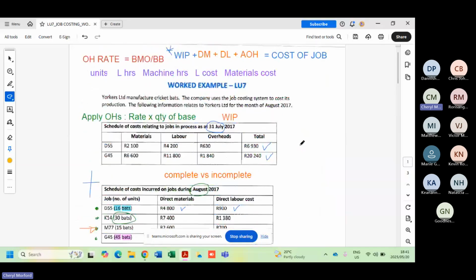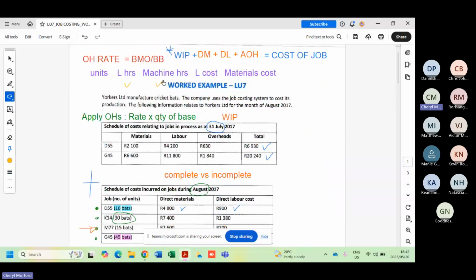I want you just to do a practice on how to work out the rate based on all of the different bases. So if it's the units of output, or the labor hours, focus on the labor hours, or if it's machine hours. What would you do then?